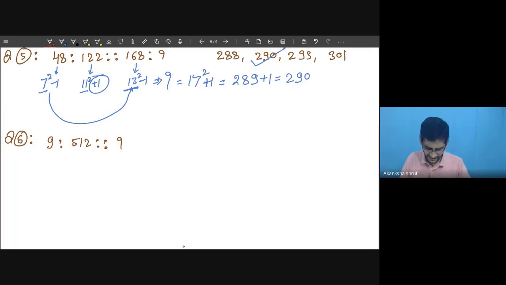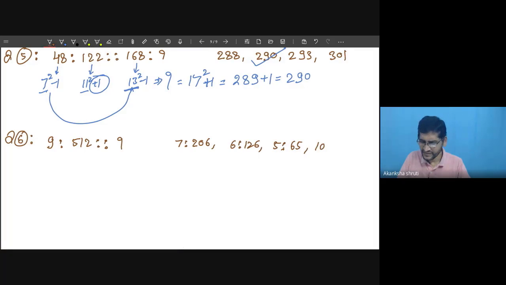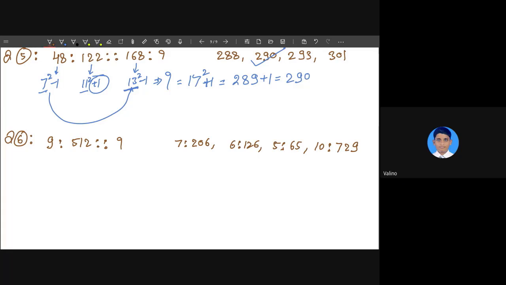The given pairs are, say, 7 is to 206, 6 is to 126, 5 is to 65, 10 is to 729. Tell me, what is the correct one? Sir, 10 is to 729.